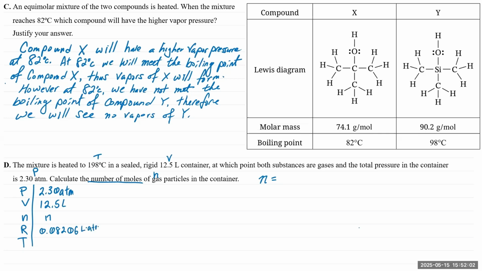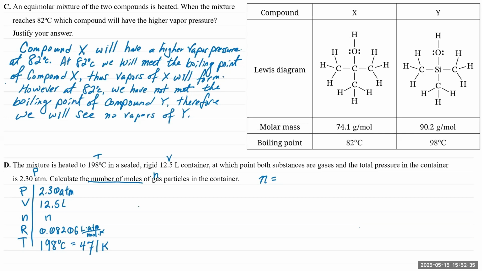Liters atmospheres over mole kelvins. And we got a temperature of 198 degrees Celsius, which we know is going to be converted to kelvins. So that's going to be 471 kelvins. Is that right? 273 plus 198, yes, that's correct.